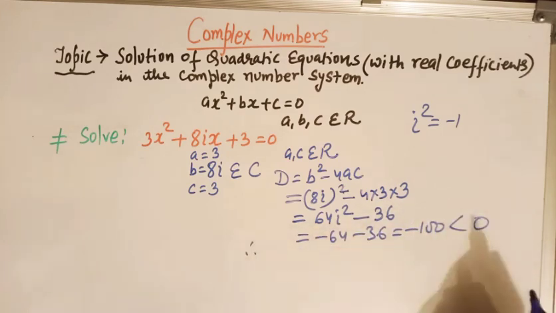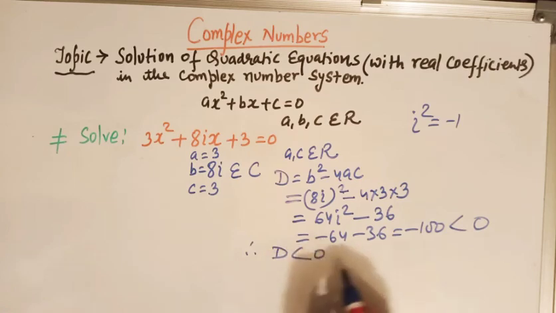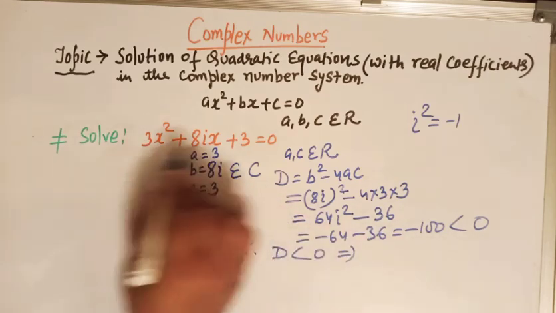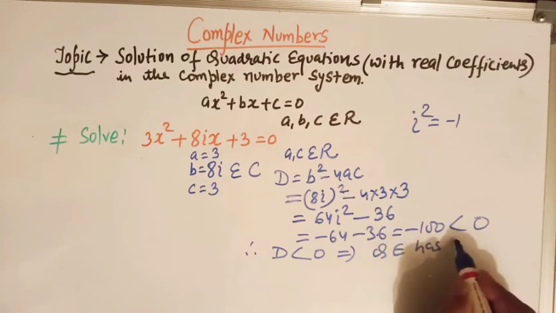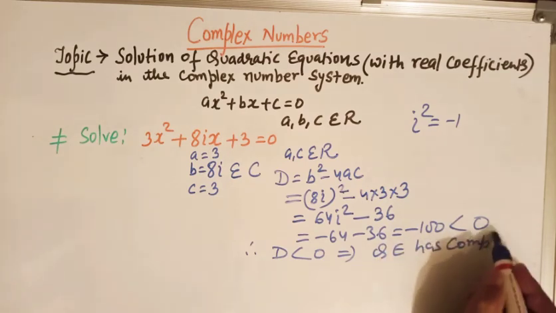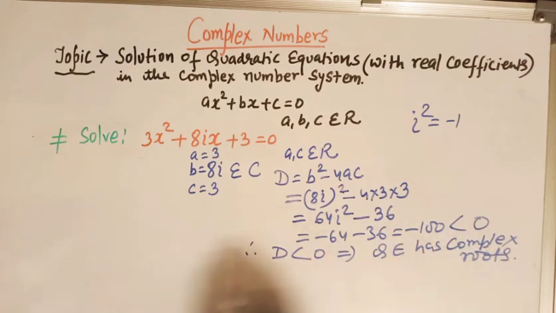So therefore D is less than 0. This implies that this quadratic equation has complex roots, right? Now let us find the complex roots.